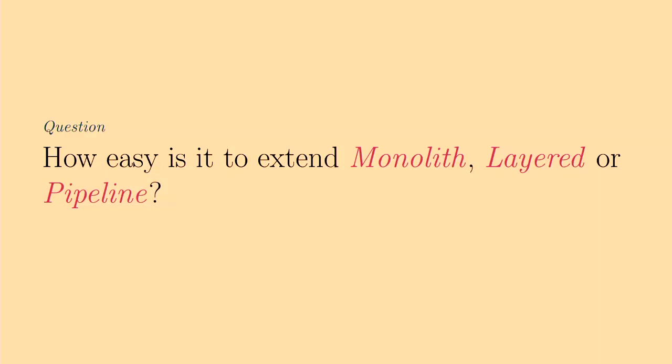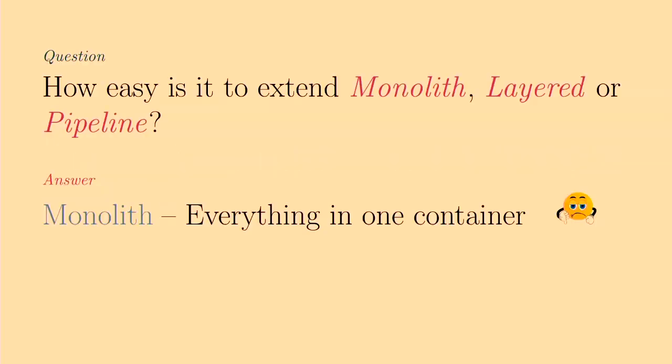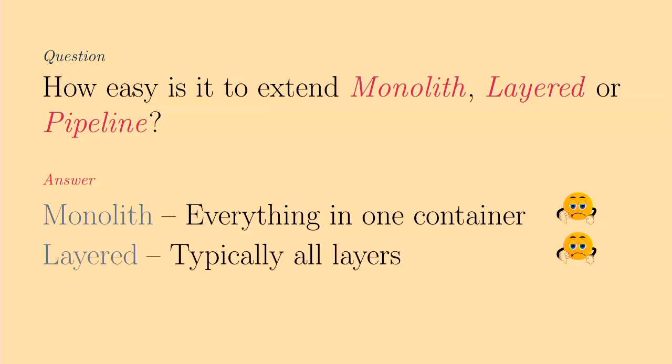And layered and pipeline, how extensible are those things? Extending a monolith, yeah, it becomes a nightmare soon. Adding new functionality to layered typically means you've got to do something across all the layers, because each of the layers is part of the technology to deliver the functionality.